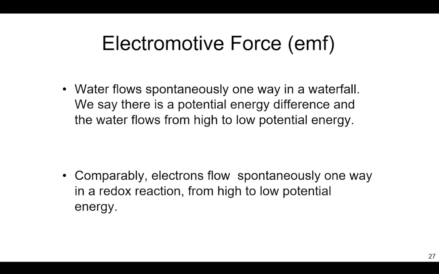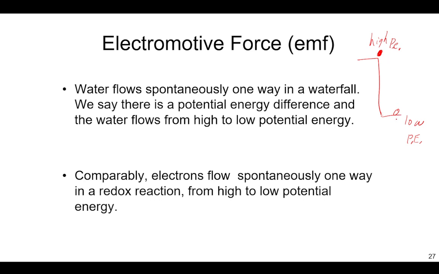Now, we have a name for this force that causes the electrons to flow, and it's a potential energy difference that generates this force. In much the same way that water only spontaneously flows one way in a waterfall, or this boulder sitting on this ledge up here has high potential energy, and it's going to spontaneously fall down to down here where it has low potential energy, right?